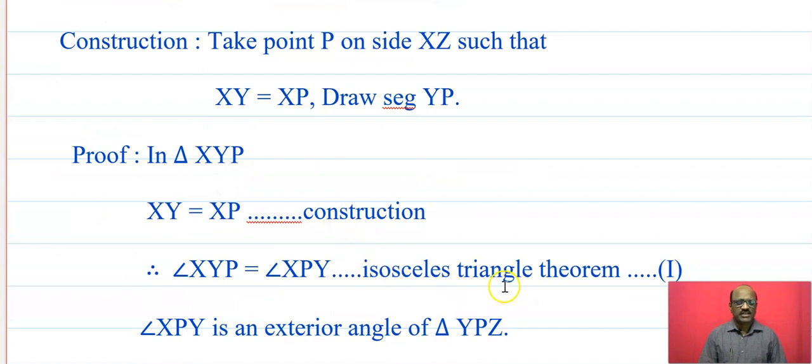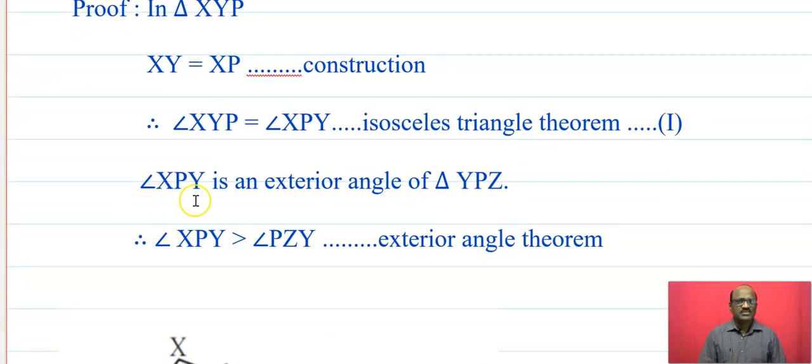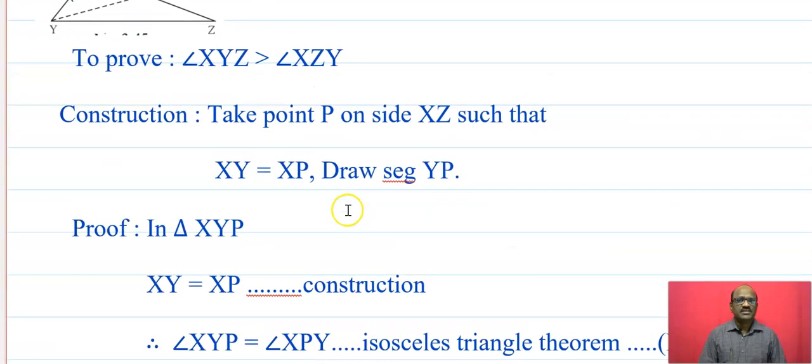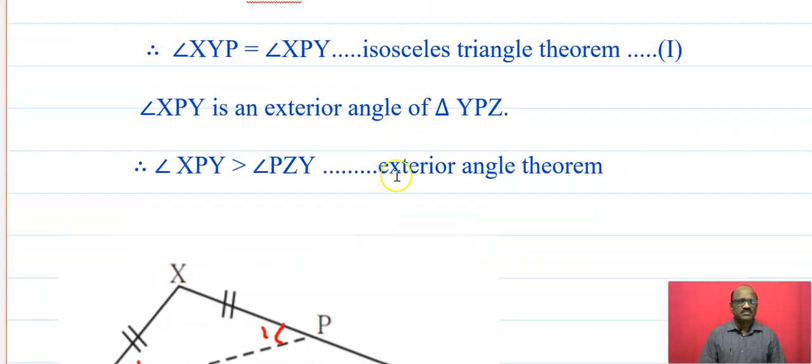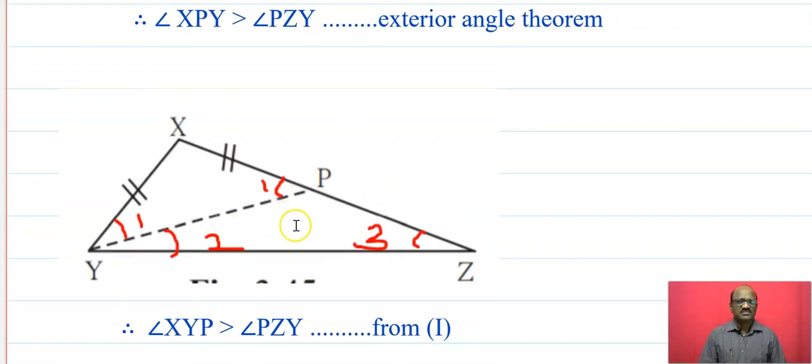That is an isosceles triangle. Now angle XPY is an exterior angle of triangle YPZ, and its measure is greater than the remote interior angle. Now see this figure: measure of angle 1 is greater than measure of angle 3.